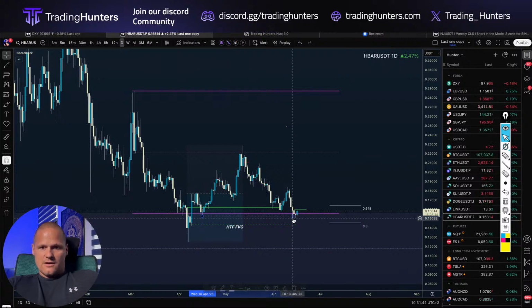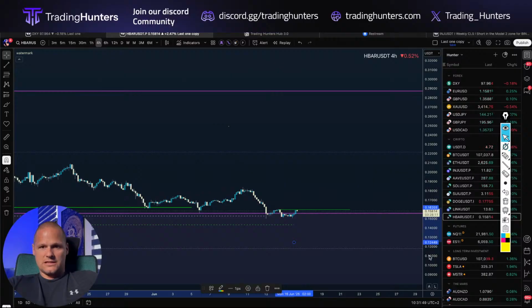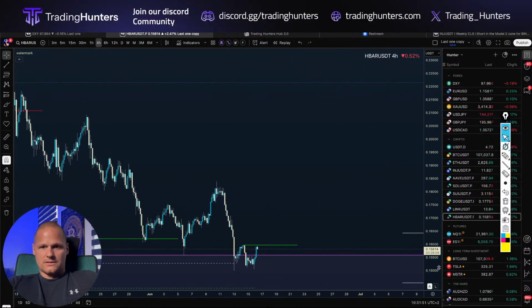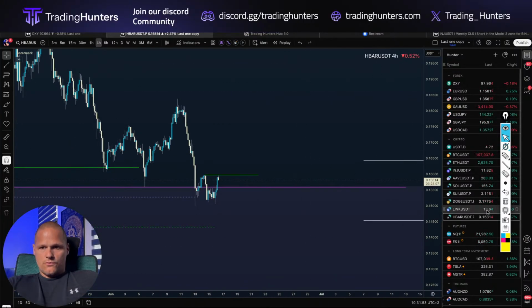And now on the 4 hours, the last thing I need to see is the 4 hours to move and close above here. And then I think stop loss below this line, which is actually the daily order block midpoint.